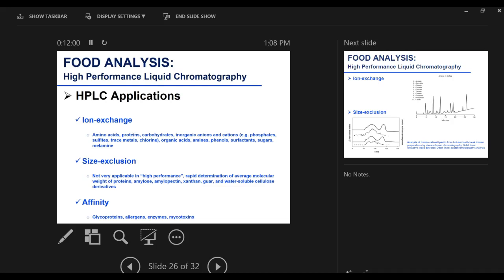Size exclusion is often used with low pressure chromatography to separate and purify based on size, but high performance liquid chromatography can also be used with size exclusion, and it's mostly done to determine changes in molecular weight.